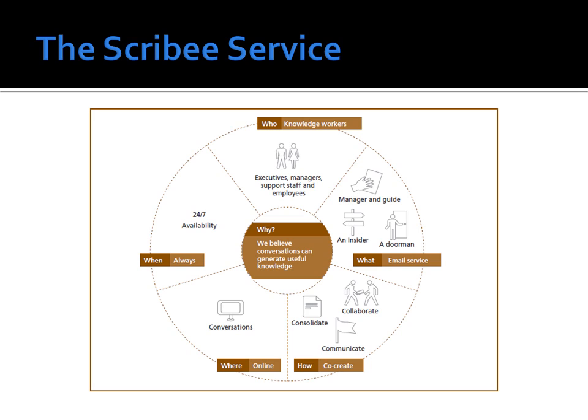Just following open door policy, you might see your executive somewhere on the floor, and they might just throw a question at you about how things are going with the project.